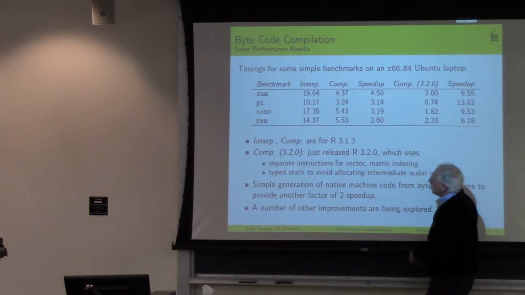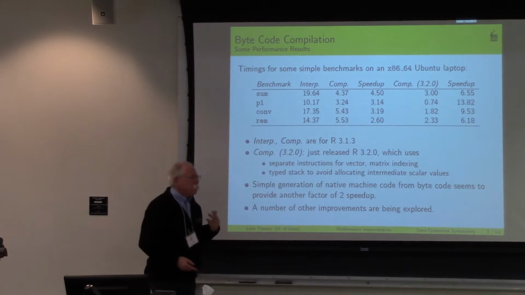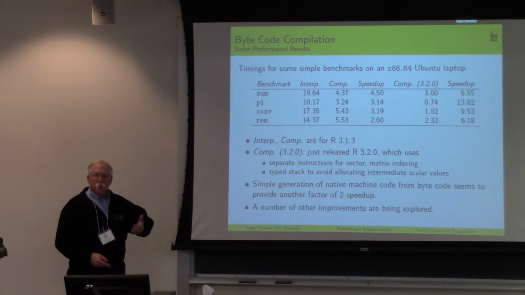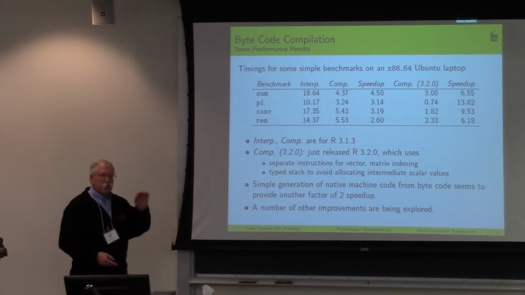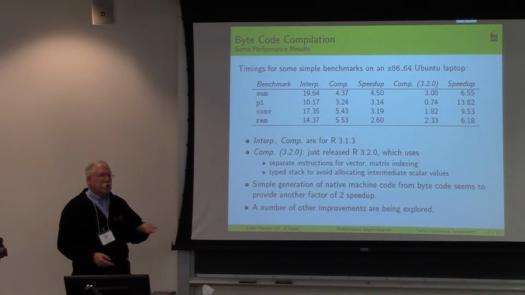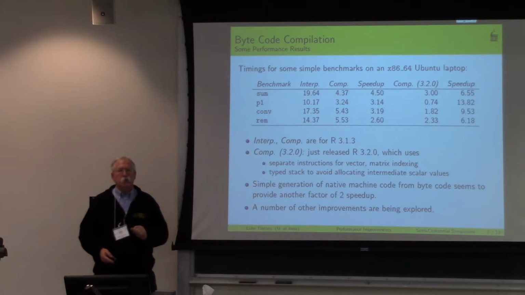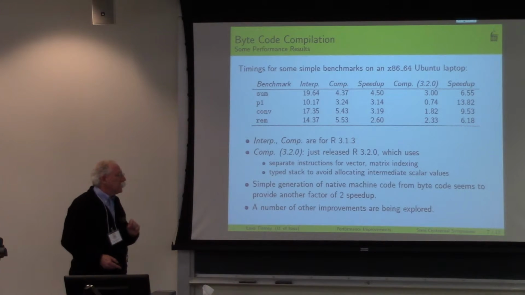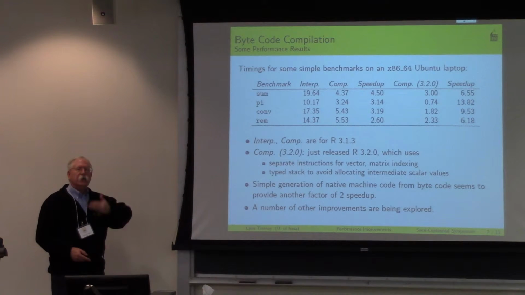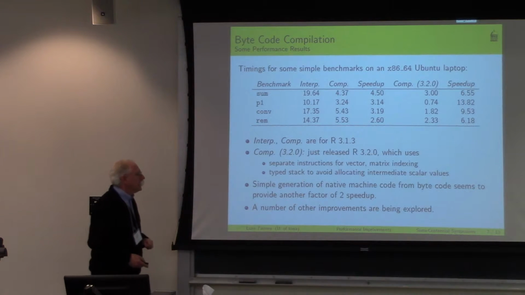just a couple of weeks ago, 3.2, gives us much better speed-ups. It's the final column. There's some work going on right now to explore moving from bytecode to native code and just translating the bytecode directly to native code and removing the virtual machine overhead. It looks like it's getting us another factor of 2 improvement. The main reason to go that direction is to possibly then enable function optimizations that can get much more in some cases.